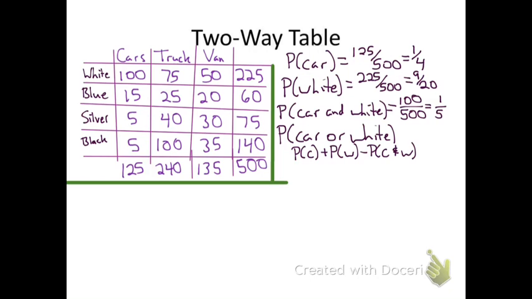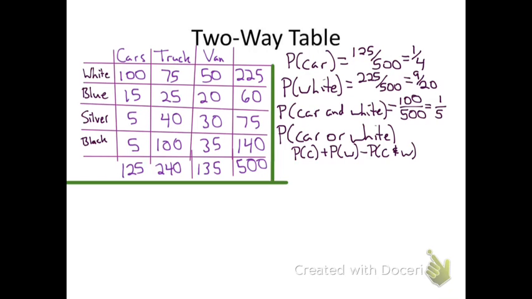And we can see this by looking here, because if I just took the cars column and added up these numbers, 100, 15, 5, and 5, I get the total for the cars. If I took the white, 100, 75, 50, and got 225, I double counted this 100. I don't want to do that. I actually just want each of these values once.